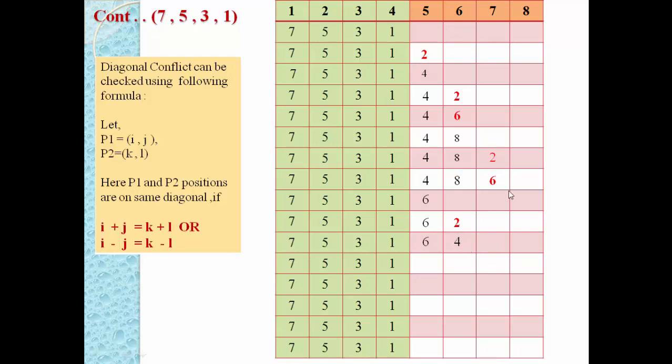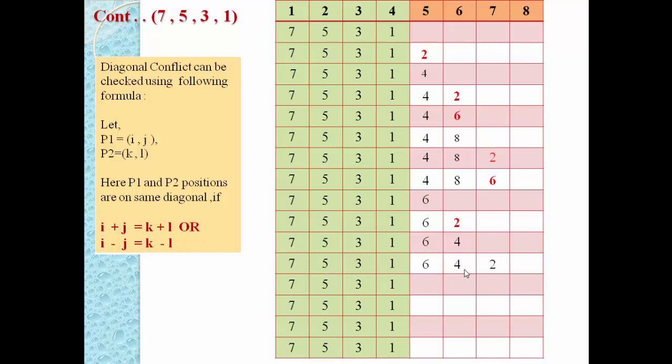Now we need to identify the position of our 7th queen. So these both are fixed, and we need to identify the position of our 7th queen. So let us check on which column we can place our queen number 7. Can we place on column number 1? No, because 1 is already occupied. We can place on column number 2. So let us check a diagonal. 7 plus 2 is equal to 9. Is there any queen out of these 6 queens which has addition of row and column equal to 9?